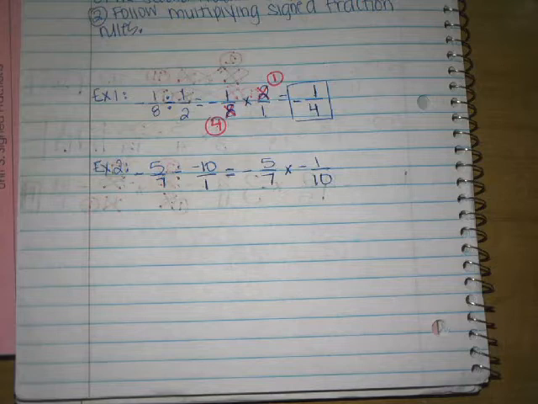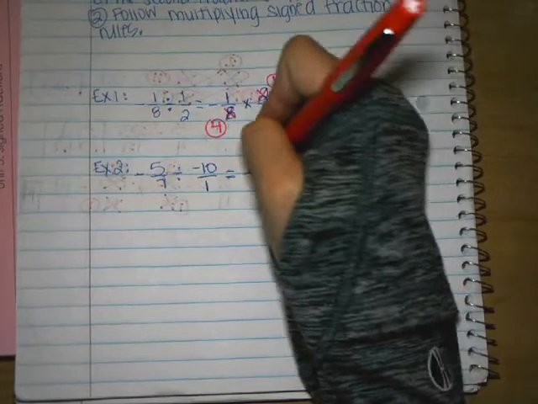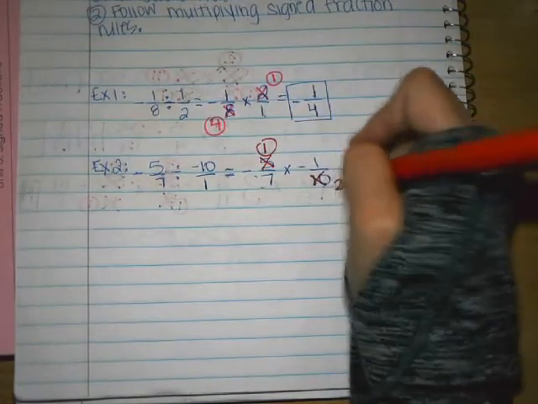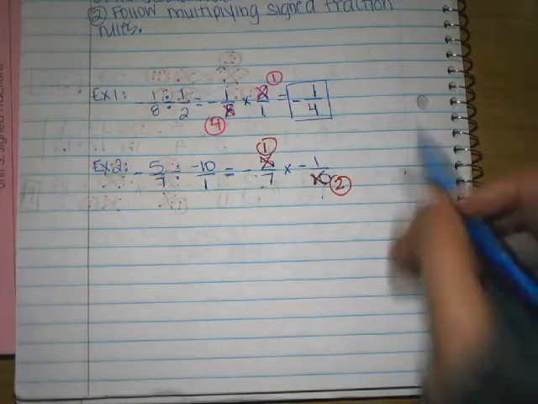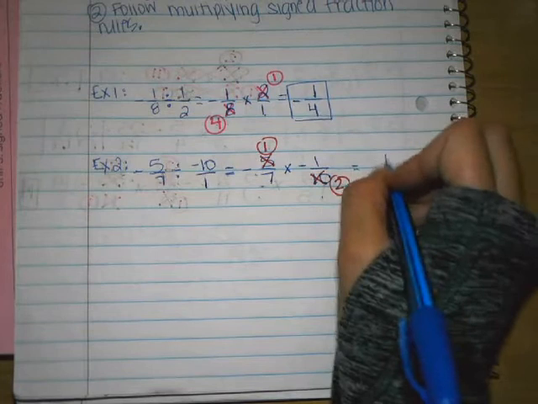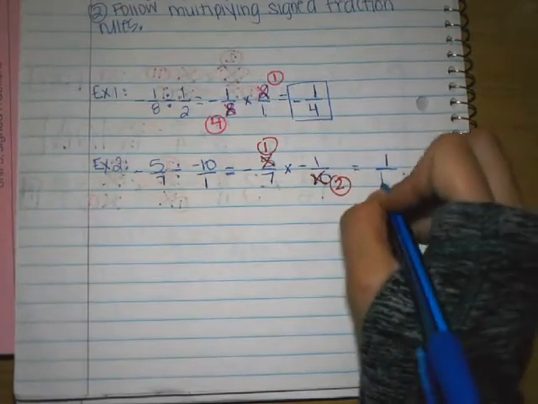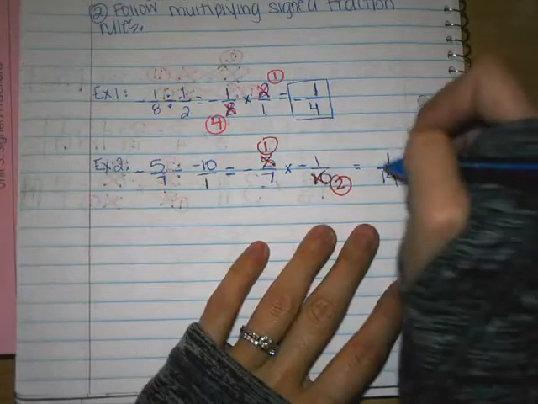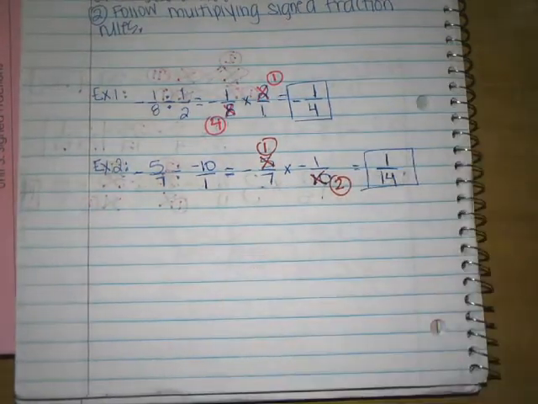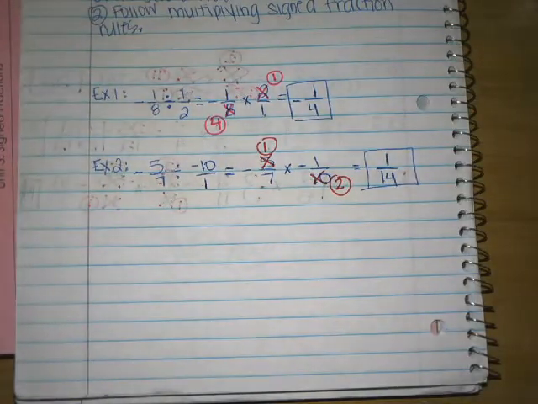Boys, what can I cross cancel? 5 and 10. 5 becomes a 1, 10 becomes a 5. Now what? Now we multiply. So 1 times 1 is 1. 7 times 2 is 14. Positive or negative? Positive. Why? Signs are the same. Okay, next question.